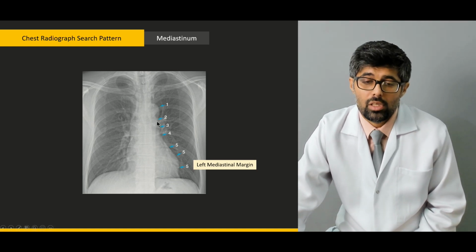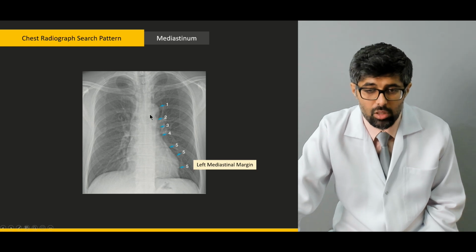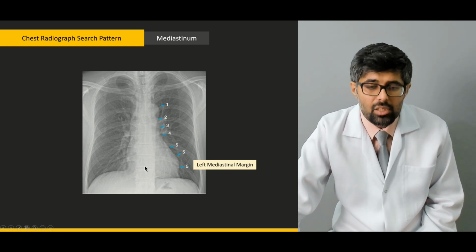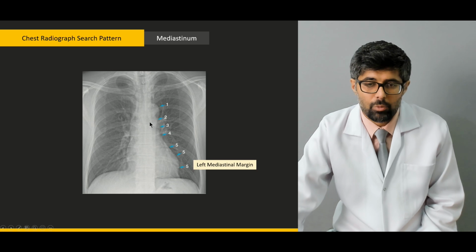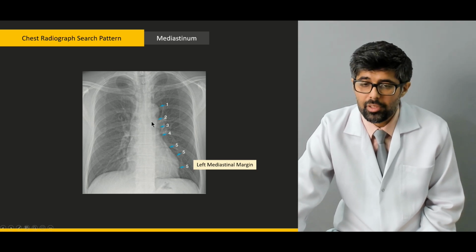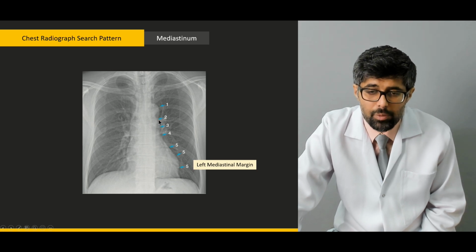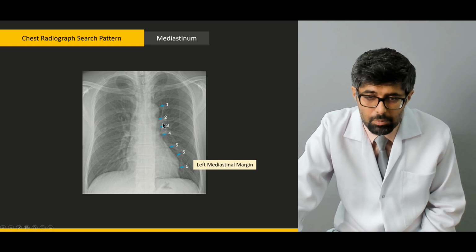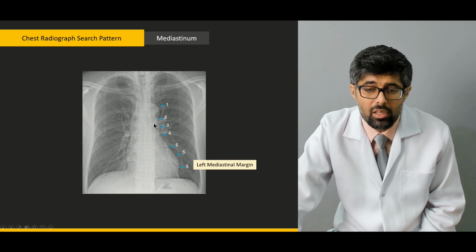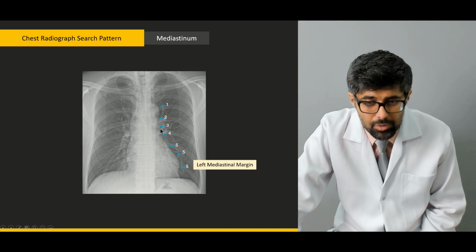The first one is the arch of the aorta, which then proceeds to the descending aorta, coming from the left ventricle. Then at number 3, we have the pulmonary artery.